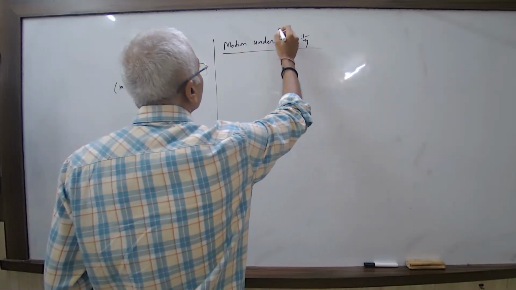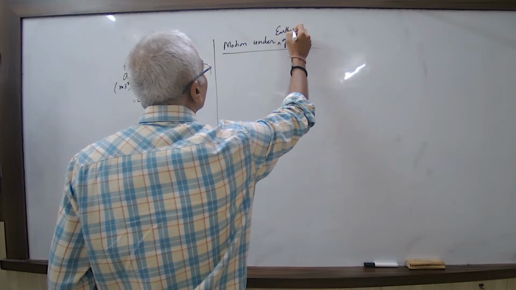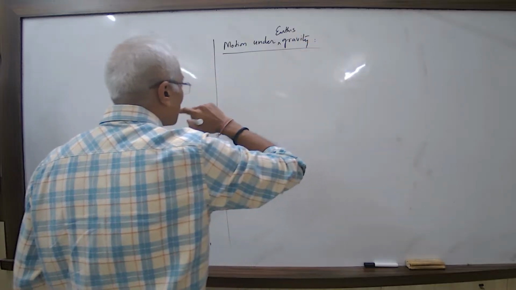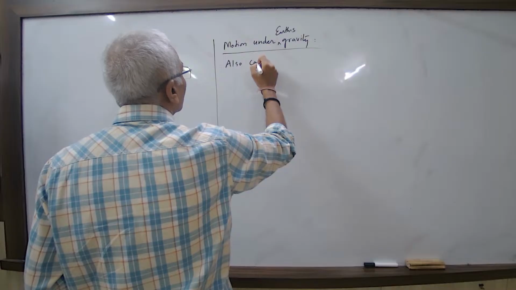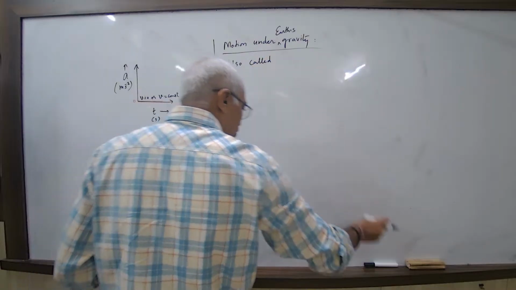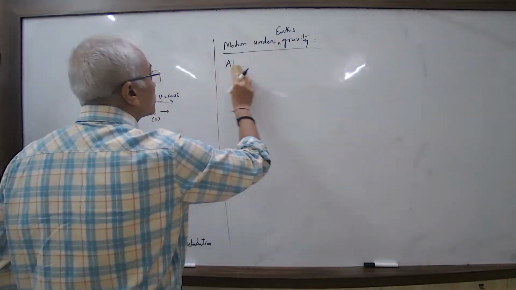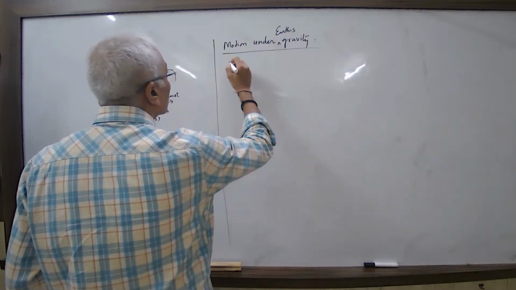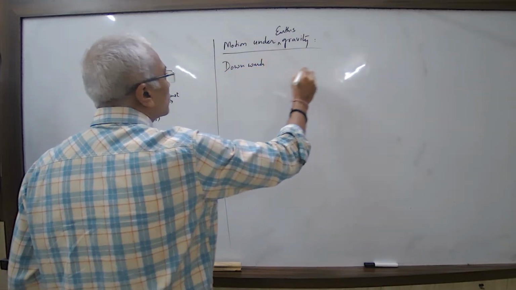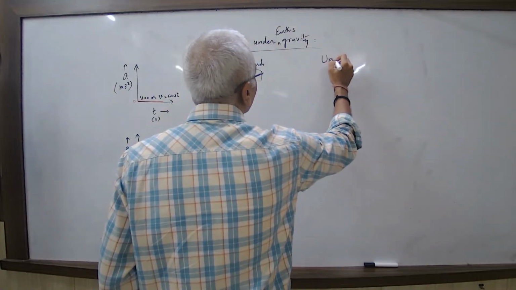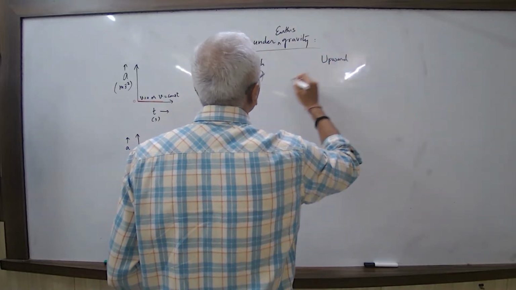So this is Earth's gravity. It is also called free fall motion. So motion under gravity could be two types, downward and upward. Two types of motion are possible.